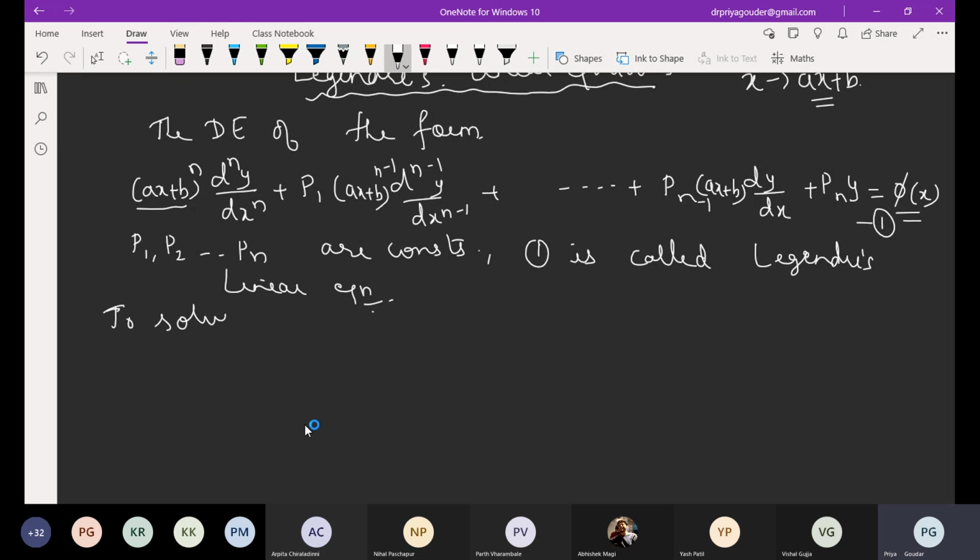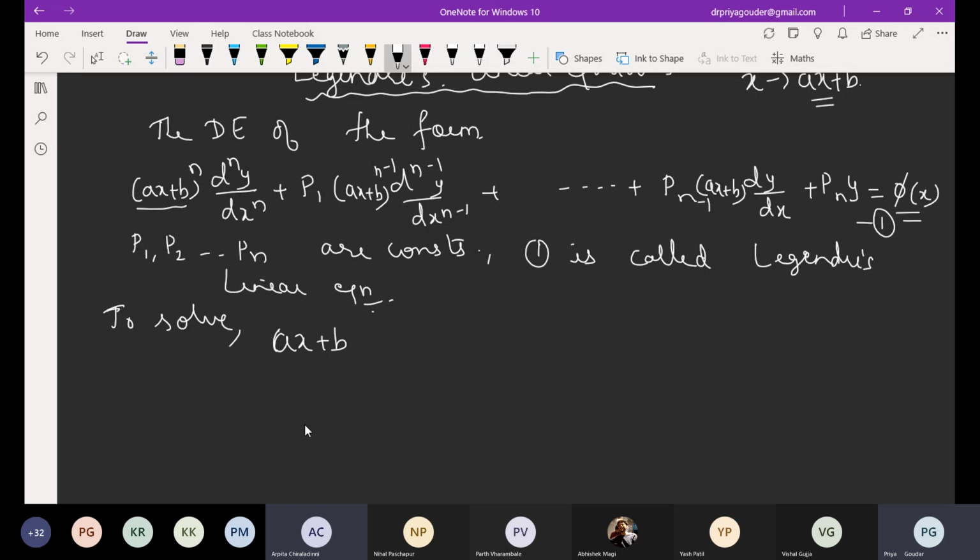So what did we do when it was x? When it was x, what did we substitute for Cauchy's? E to the power z. So what do you expect here? Instead of x, you have ax plus b. So ax plus b is equal to e to the power z.